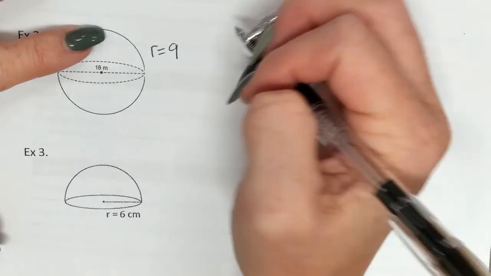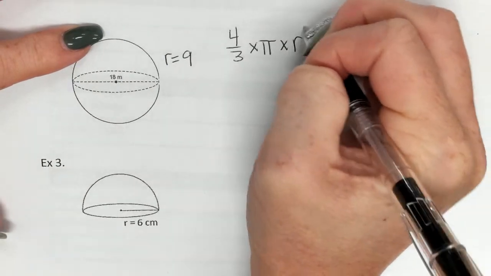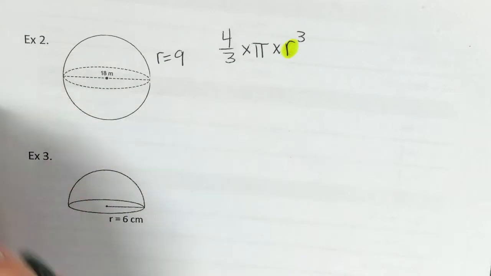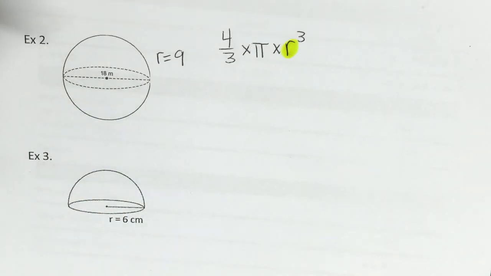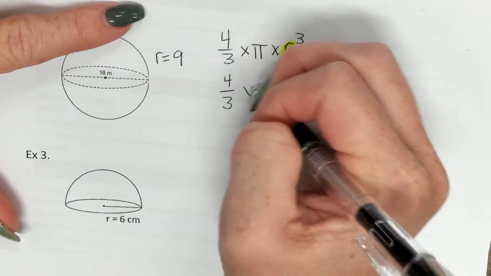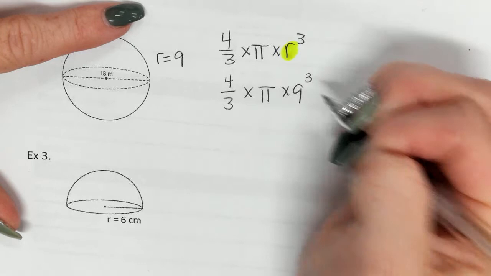All right, my formula is 4/3 times pi times radius cubed. All I have to do is fill in the radius. So I'm going to do 4/3 times pi times 9 to the third power.